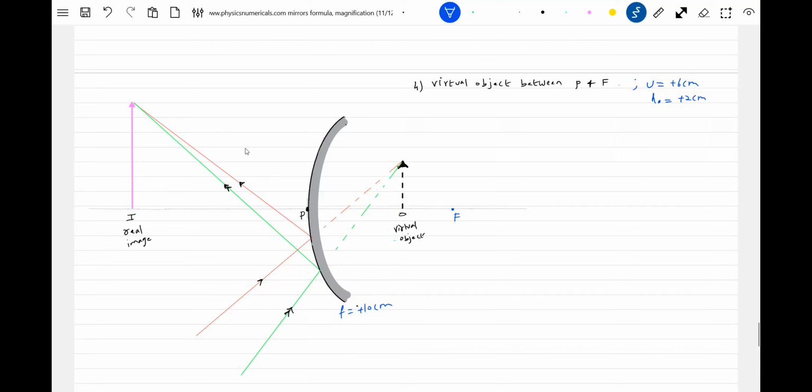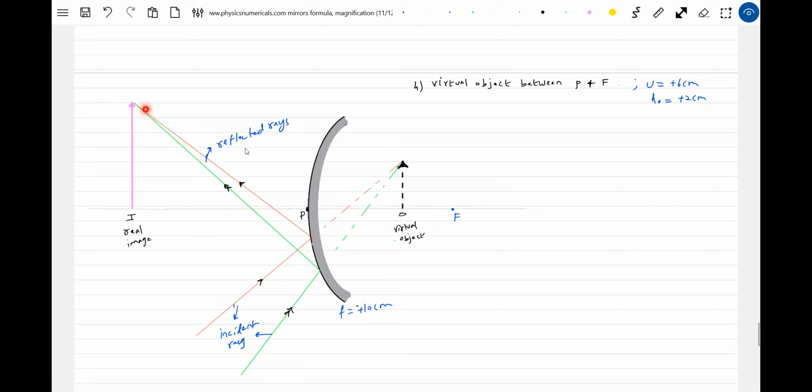Okay, let's see what conditions will arise here. So here, look at the diagram. There's a virtual object. These are the incident rays. These are reflected rays. So look at the incident rays. After reflection, they're converging to points.